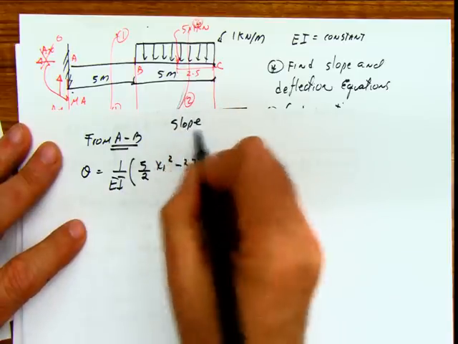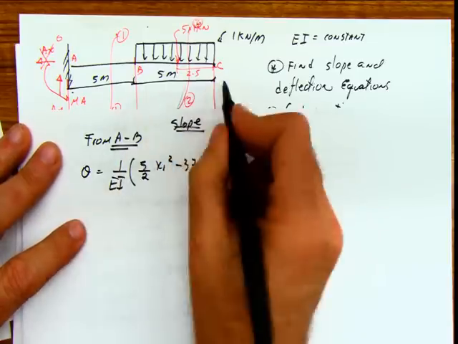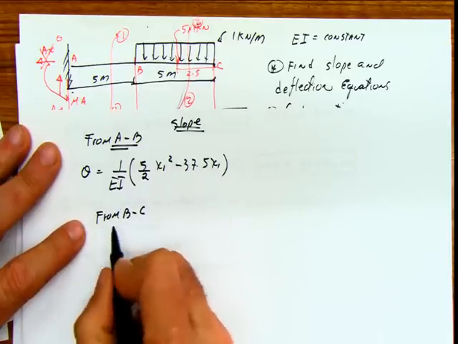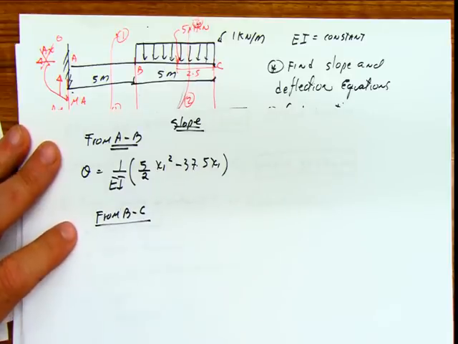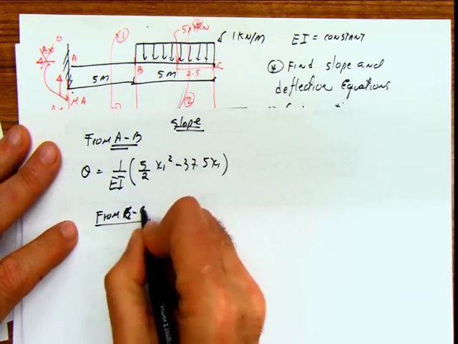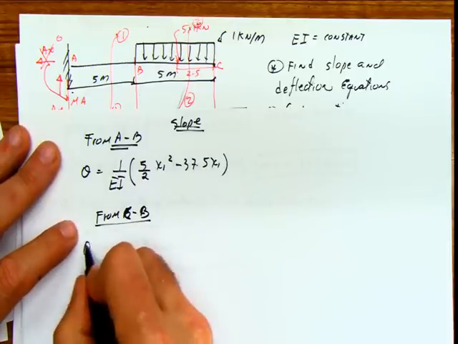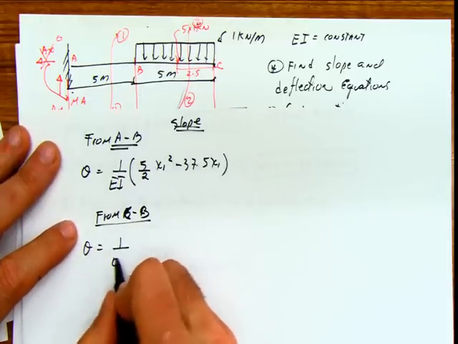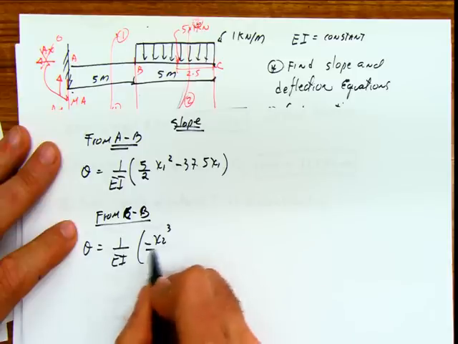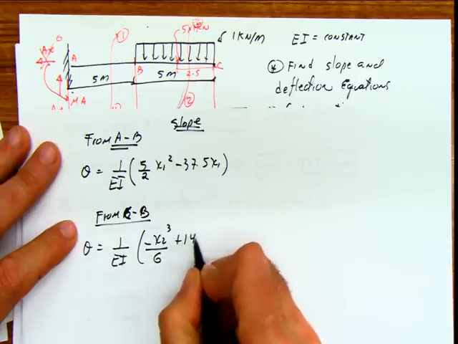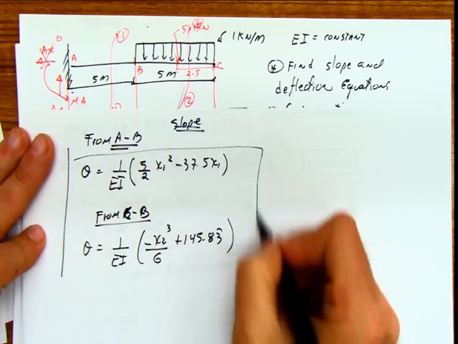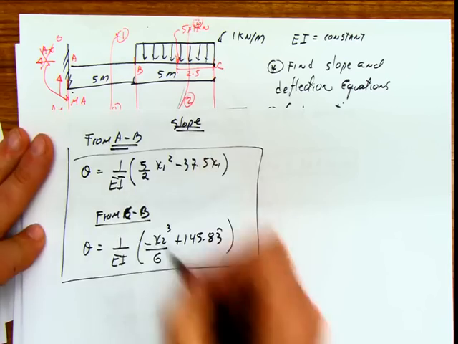And if I continue with my slope from B to C, or better said, from C to B, my equation for the slope is 1 divided by EI times negative x2 to the third divided by 6 plus 145.83. That should give me the value for the slope at any point in this beam.